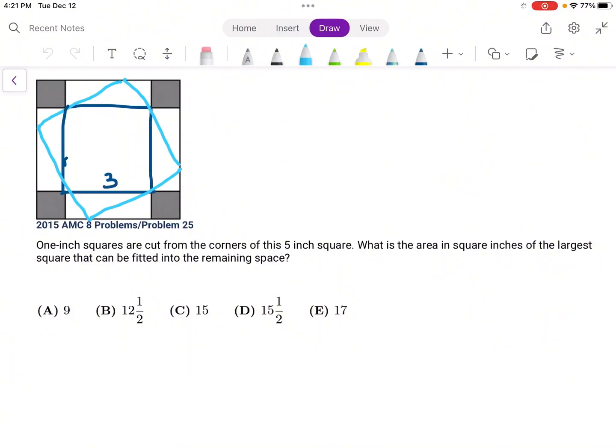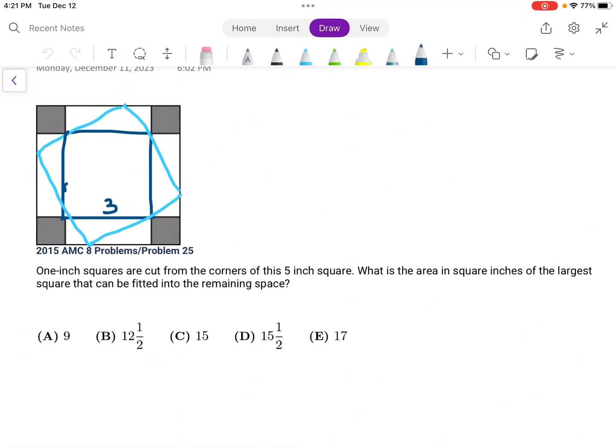Now let's assume this larger square is A, B, C, D, and this corner is E, F, G, H. Let's assume the length of AG is x. Then HA will equal 3 subtract x.